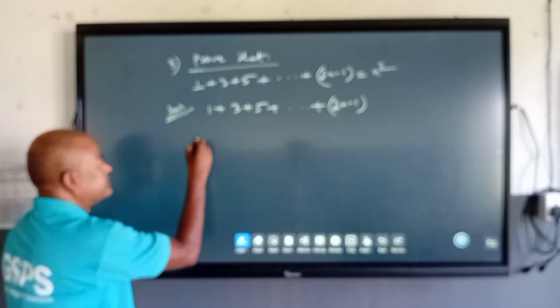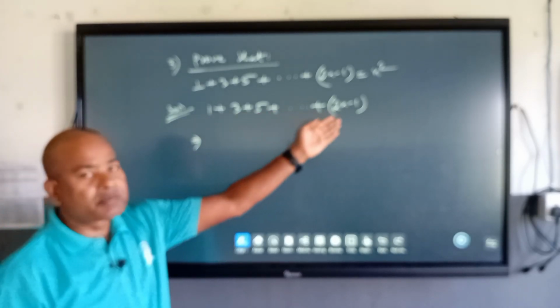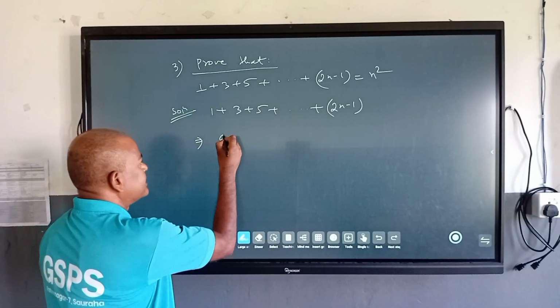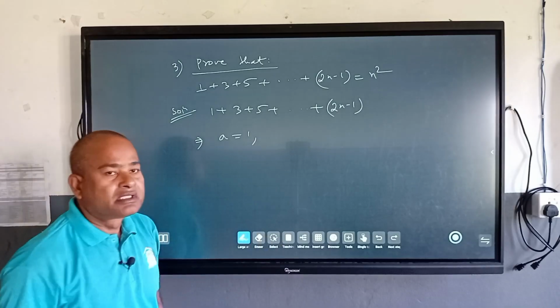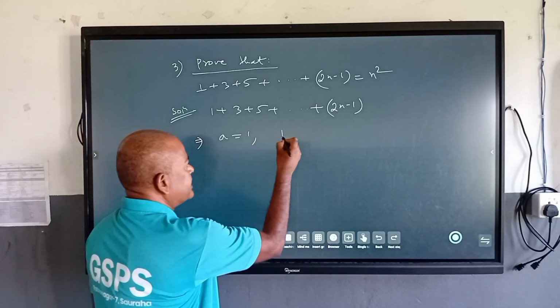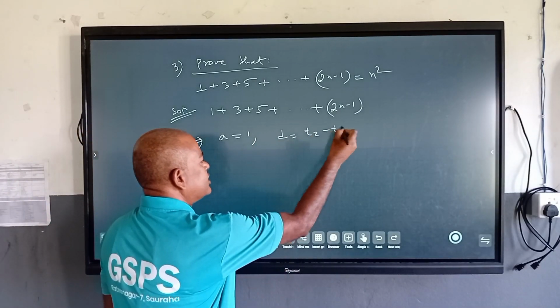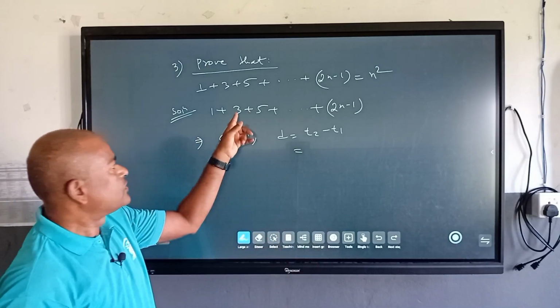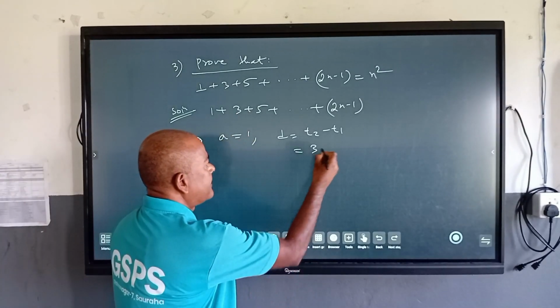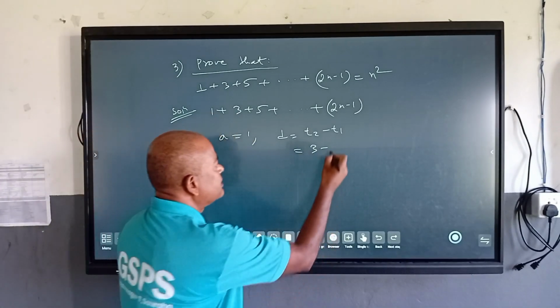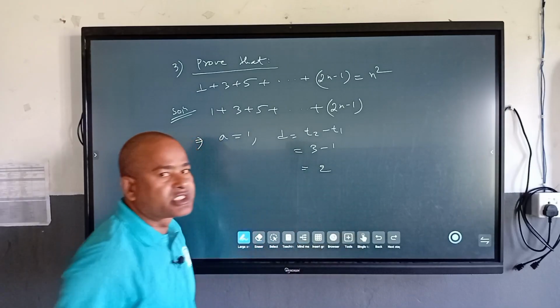Dear students, the first term of the given series is a equals 1, and the common difference is t2 minus t1. T2, the second term, is 3, minus the first term 1. So 3 minus 1 equals 2.